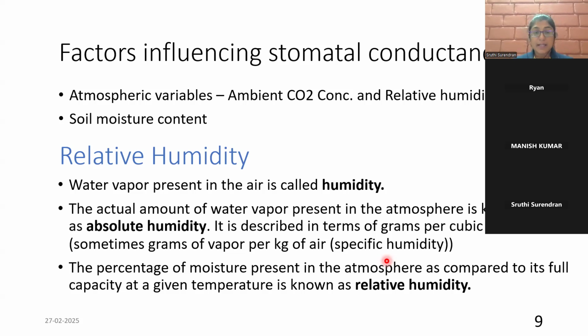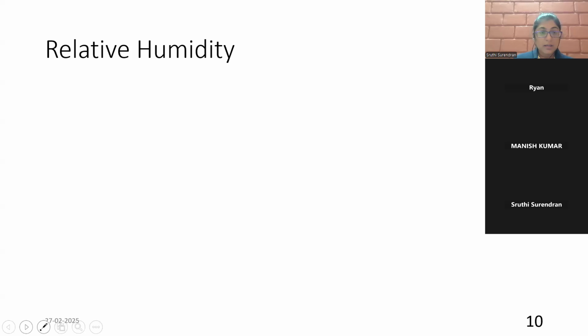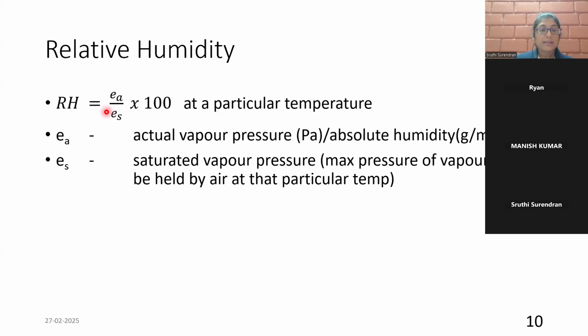Now, the percentage of this absolute humidity to the saturated content of water vapor in the same air is called the relative humidity. Relative humidity is estimated as a fraction of the actual vapor pressure, or absolute humidity, or specific humidity, divided by the saturated condition at that particular temperature.